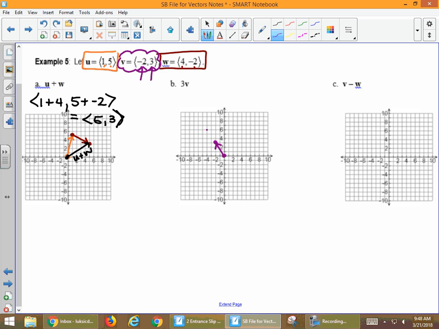Left 2 up 3. Left 2 up 3. Again, if you would rather do the math, 3 times negative 2, 3. Negative 6, 9 is hopefully what we just drew. Left 6 up 9.